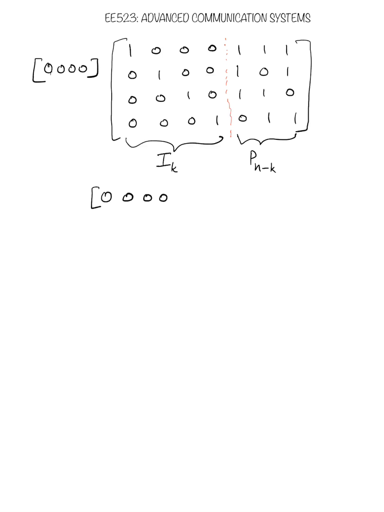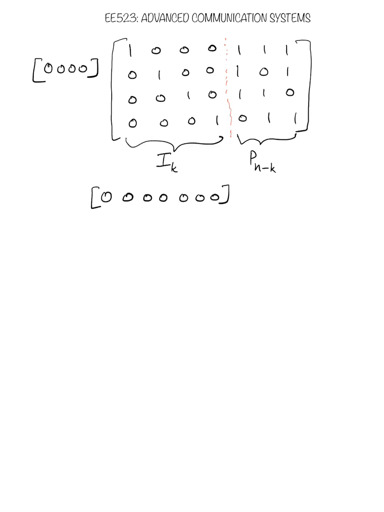And so on for the remaining columns. 0 multiplied with anything is going to be 0. So the code word that you're going to get is just 0 0 0 0 0 0 0.